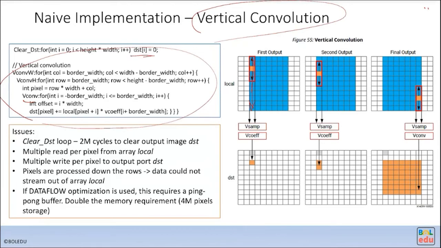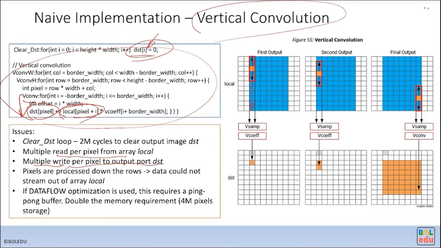Again, the destination is the external image saved in the DDR memory. You have to clear the memory. This is very stupid, right? And then you have to do multiple reads from the local pixels for the convolution, and you also have multiple writes to the external port.